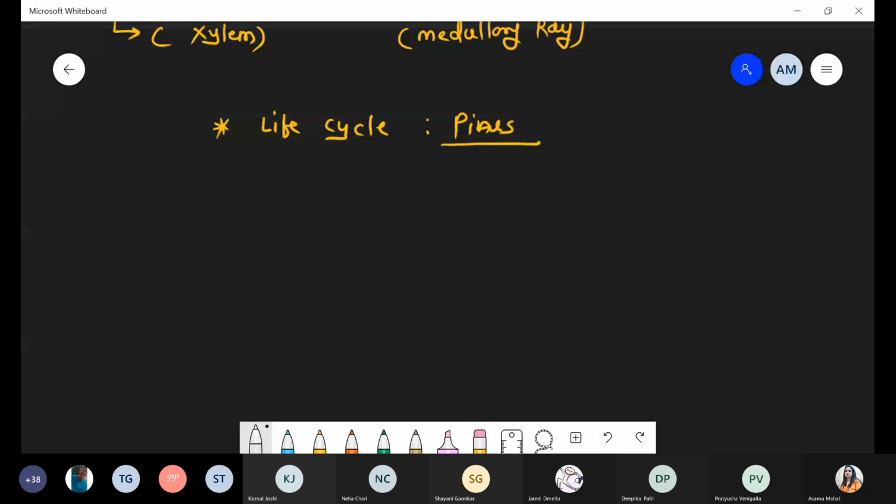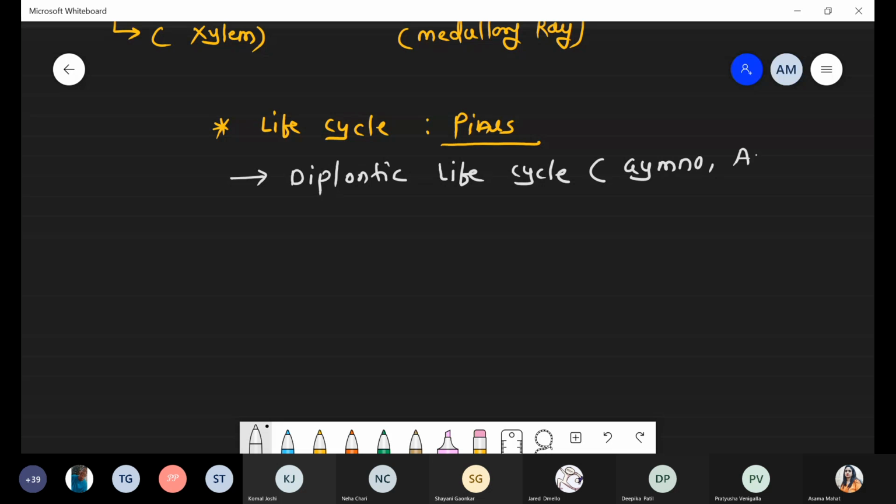Okay, chalo. So the first point: the gymnospermic plant, that is the Pinus plant, shows a diplontic life cycle. You know very well the diplontic life cycle is very common in gymnosperms as well as in angiosperms. Along with the diplontic life cycle, the next point is the presence of sporic meiosis.